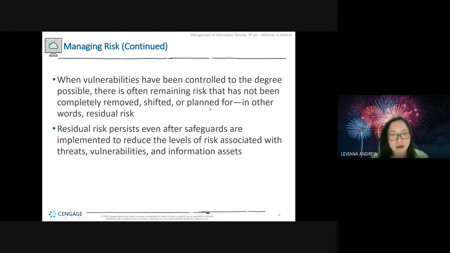Residual risks are the risks that are still there after all of the controls or all the risk treatment strategies have been deployed. So after all these controls have been implemented, there is still some risk, therefore it is considered residual risk.